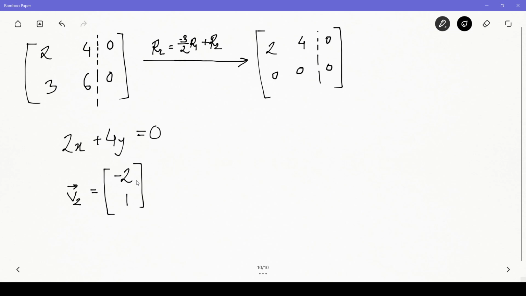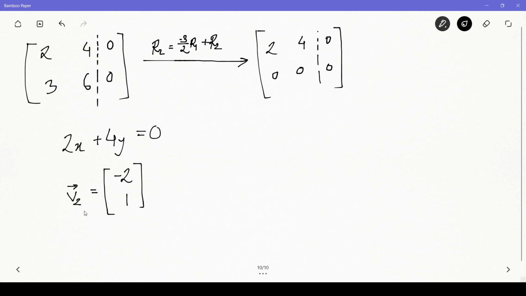We just plug them into the corresponding entries of our v2 eigenvector, and whatever scalar multiples of this vector we have will be a valid eigenvector of my initial transformation matrix A.